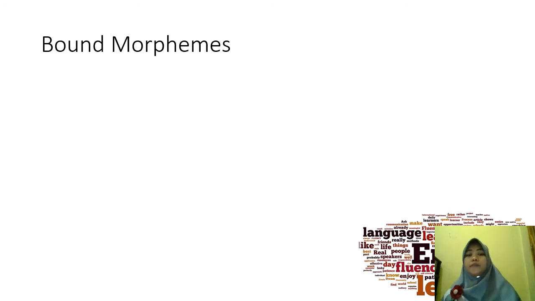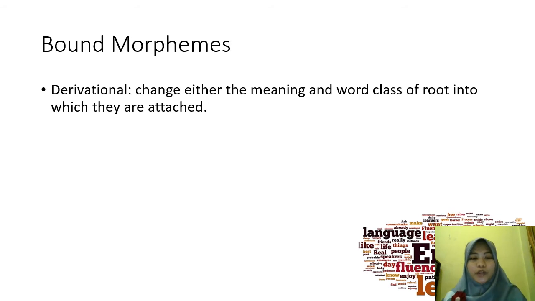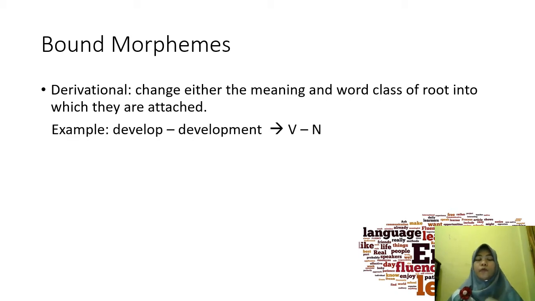About bound morphemes, we also have two types here. Wait a second, okay. The first one is the derivational bound morphemes, which can change either the meaning or the word class, or part of speech, of the roots to which they are attached. So first, it changes the meaning, and second, it changes the word class.